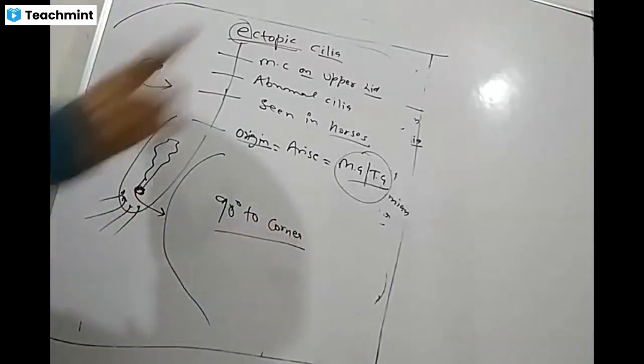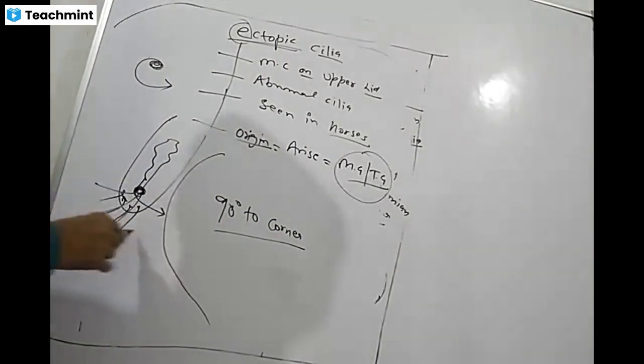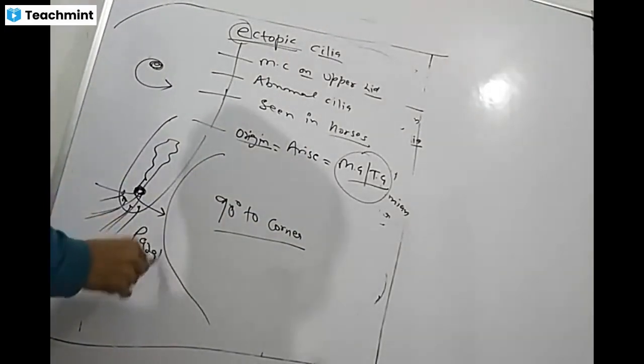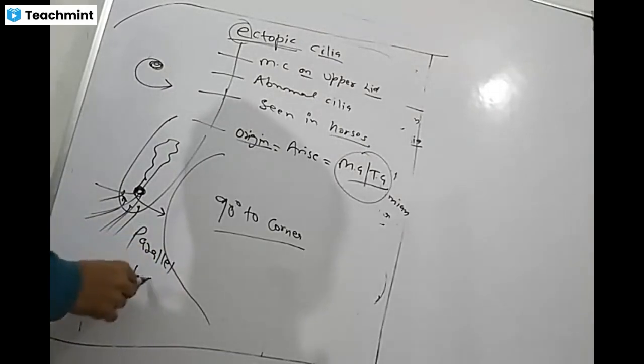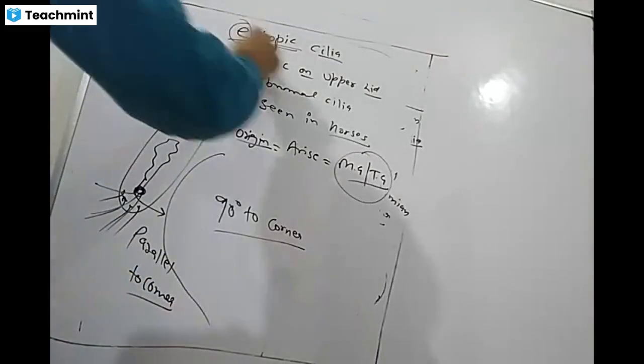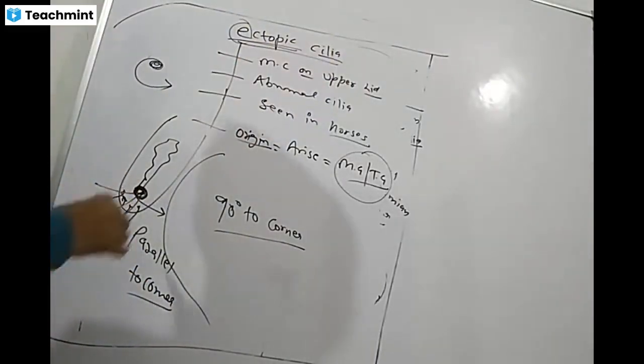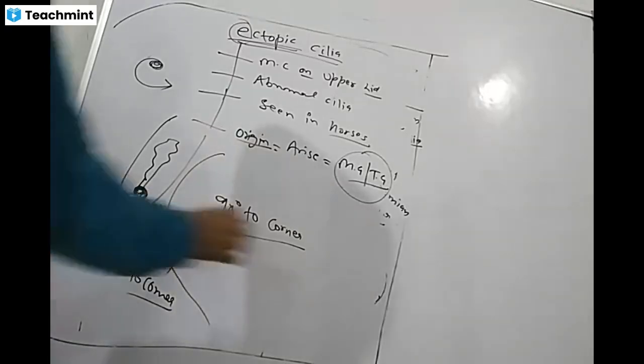In case of distichiasis, they were also coming out from the meibomian gland, but that extra row was parallel to the cornea. Ectopic cilia originate from the meibomian gland opening and they are 90° to the cornea.